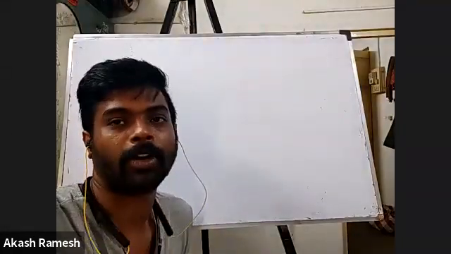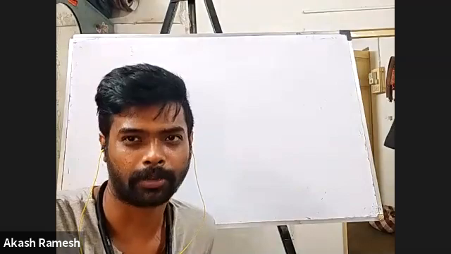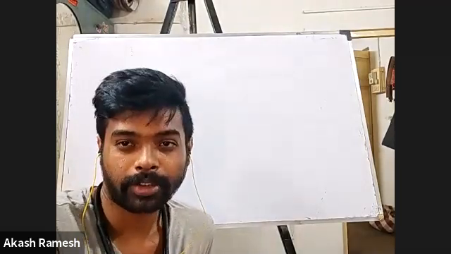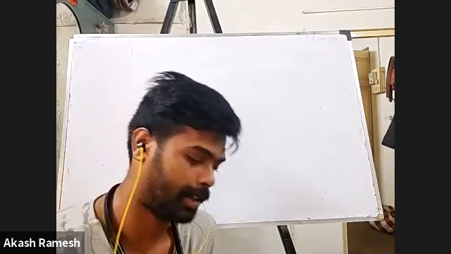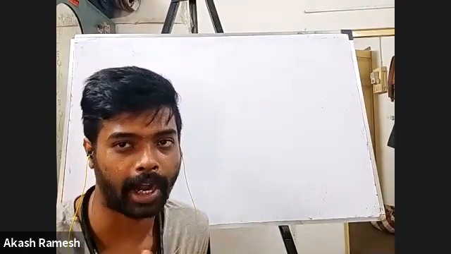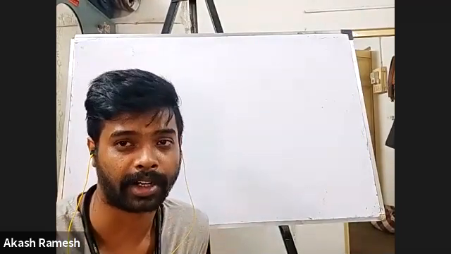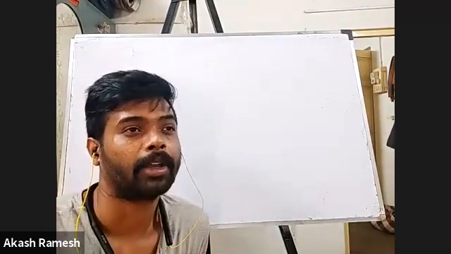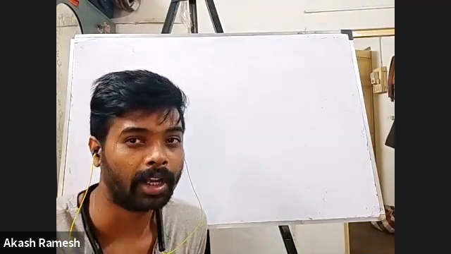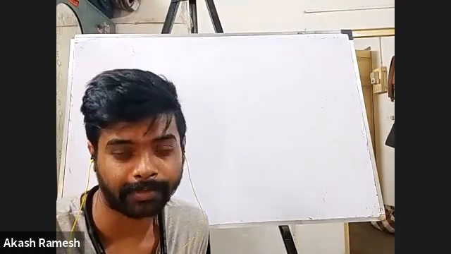So next concept we are going to see. Now I'm going to tell you something weird. We know that we have ionic compounds, with a proper cation and anion, and they have a very strong force of attraction. But the thing is, no ionic compound is 100% ionic.